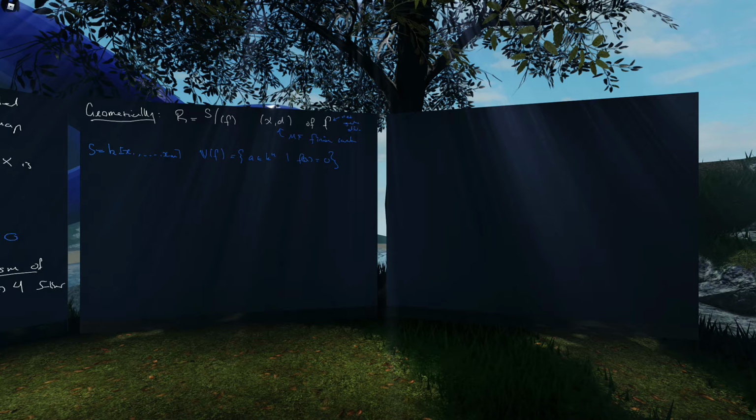We'll be focusing on the case when S is a polynomial ring, and also just note that in the case that K is C or R, F being not a zero divisor just means that F is non-zero.